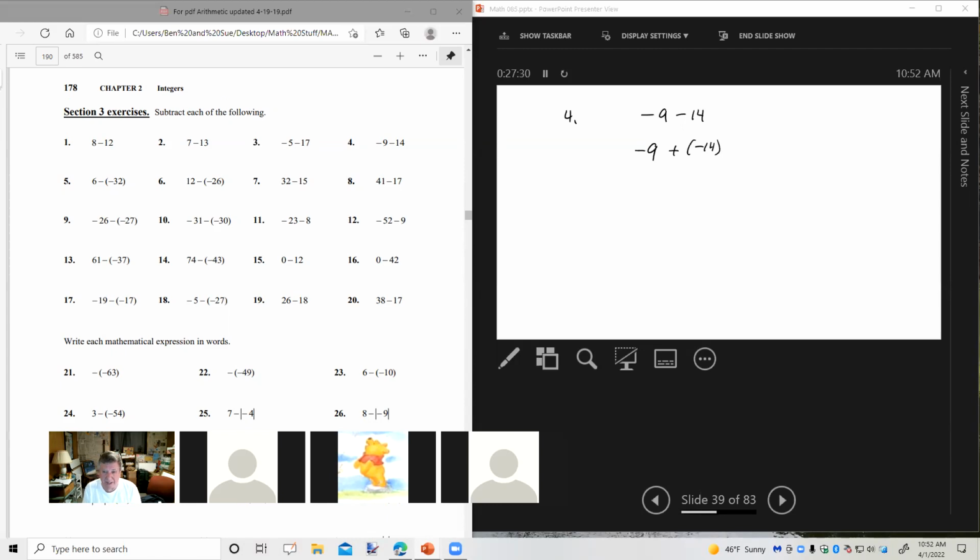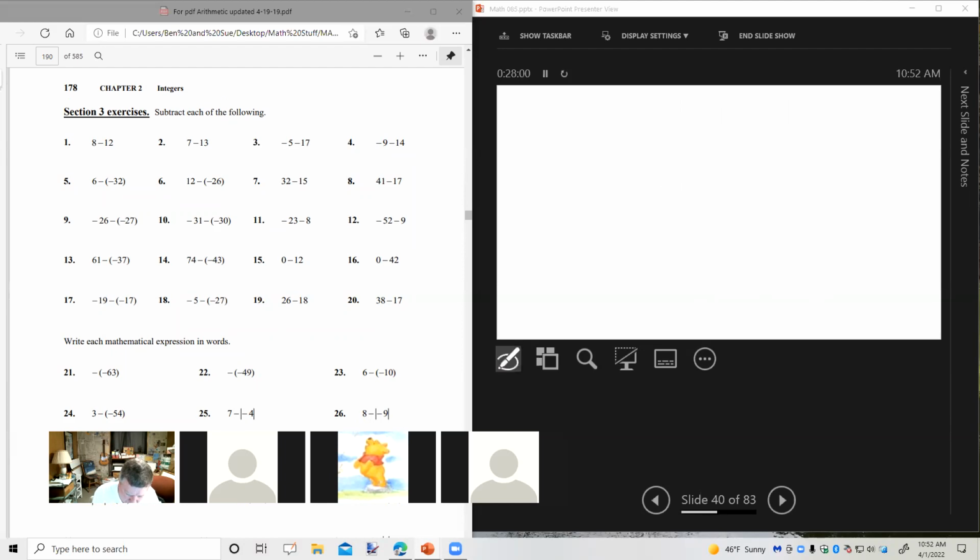Subtracting 14 is like adding negative 14. Now we're adding two numbers with the same sign, so we add their absolute values and attach the common sign. Another way you could look at this problem is, you take away 9, you take away 14 more, you've taken away 23. That also works. Any questions on that?